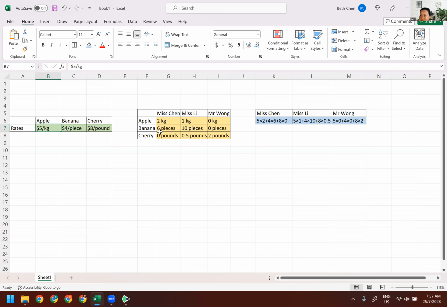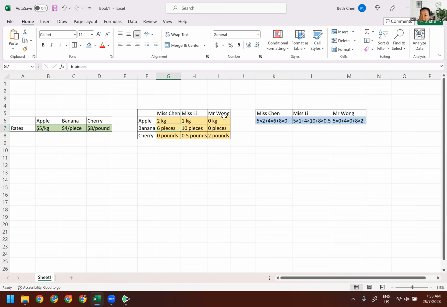And then you can see another table. I think you can understand it, although I don't describe it. But when you look at it, you should know what that means. Now, in the first column, Ms. Chen, 2 kg of apple, 6 pieces of banana, 0 pounds cherry. Ms. Lee, 1 kg apple, 10 pieces banana, cherry, 0.5 pounds.